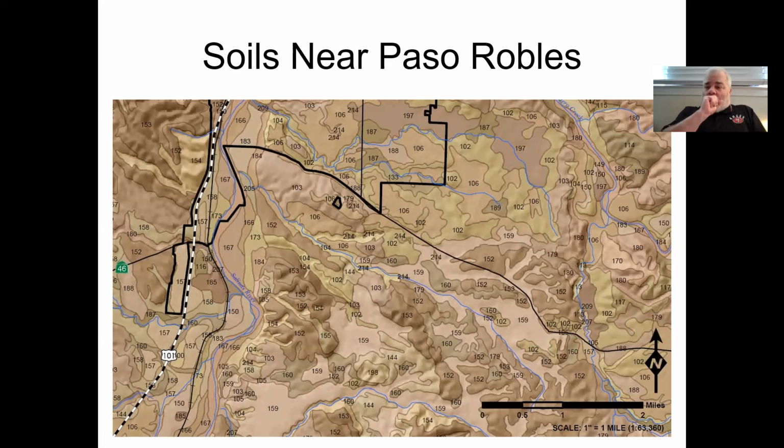Now, this isn't one of the 12 soil textural classes. This includes lots of detail, like I said.